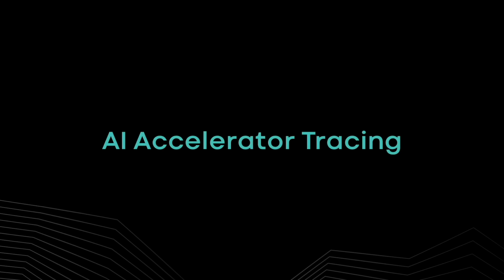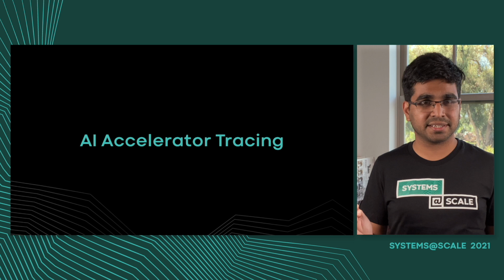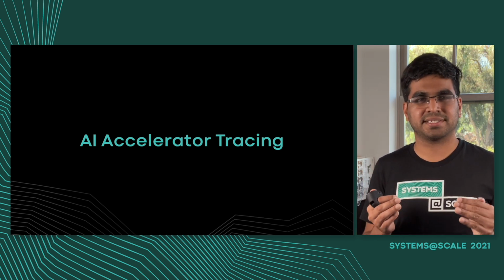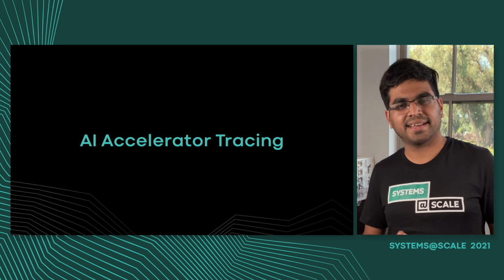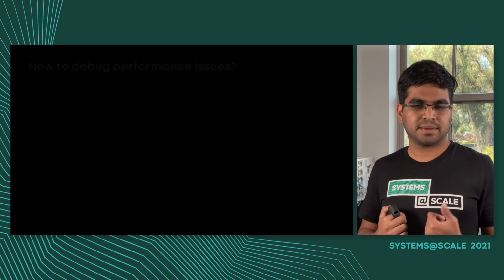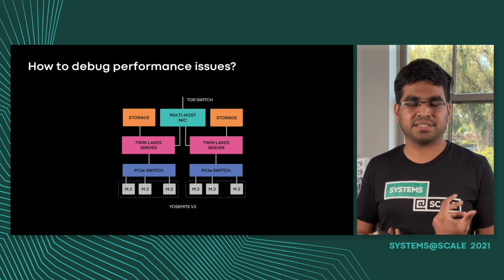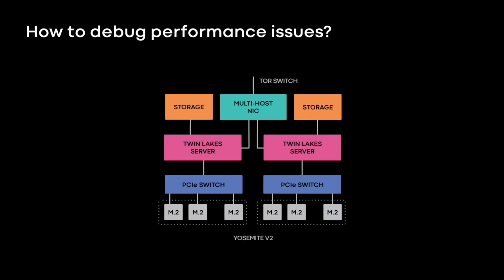So now that we've developed systems to observe performance metrics and health metrics, the next step is to answer questions like why the performance is going bad. Imagine you are a software engineer running an AI model on these systems, and your model suddenly runs 10% slower, and you need to figure out why.